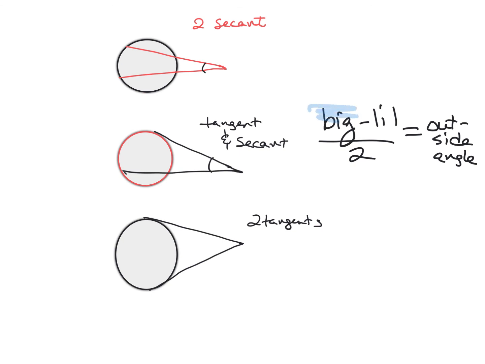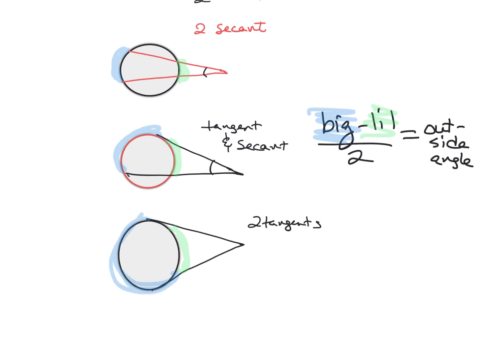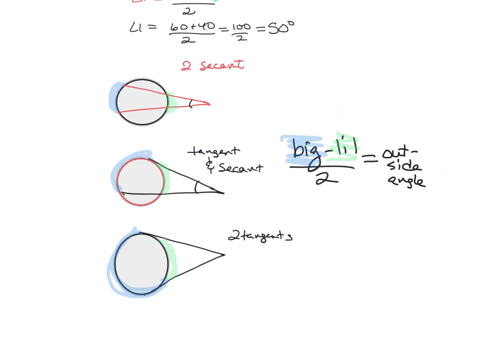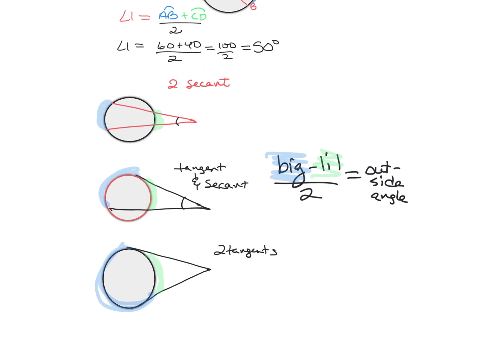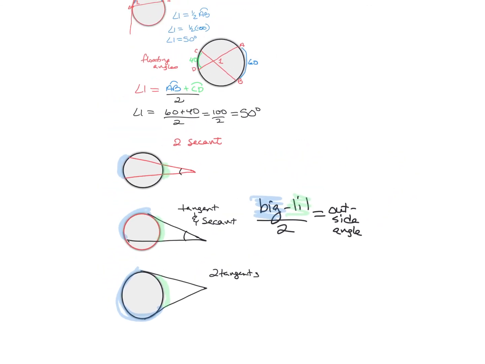The big arc, I'm going to do in blue, and then the little arc, I'll do in green. So this would be the big arc. This would be little, little, little, and then big is over here. So this is a nice little summary of everything that we've just covered up till now.